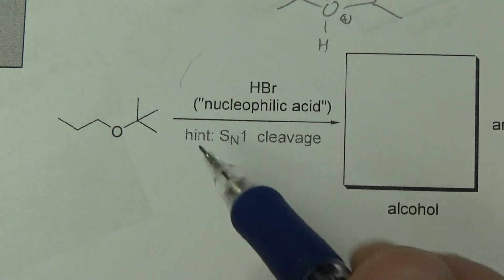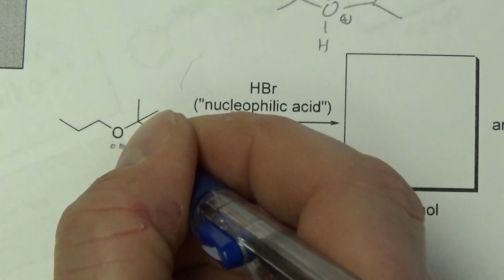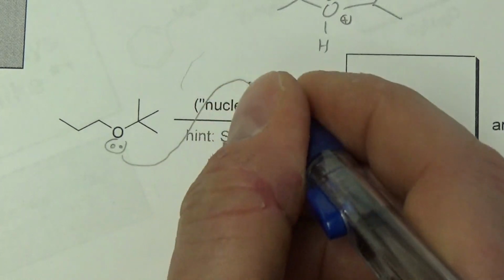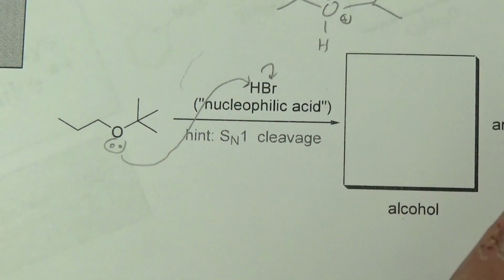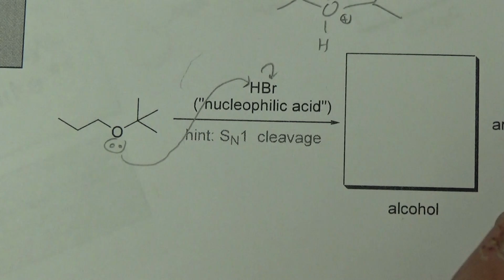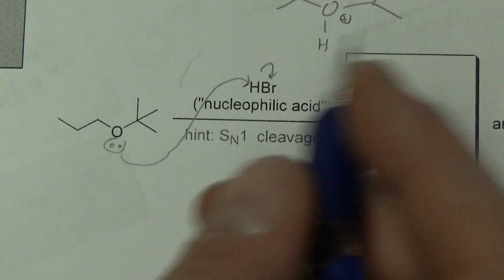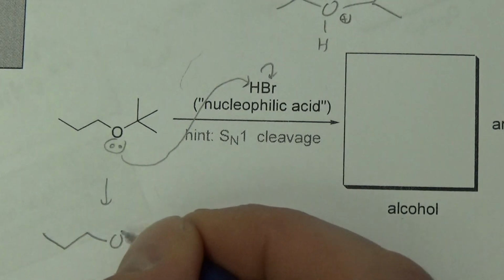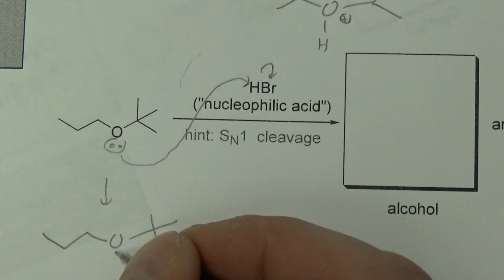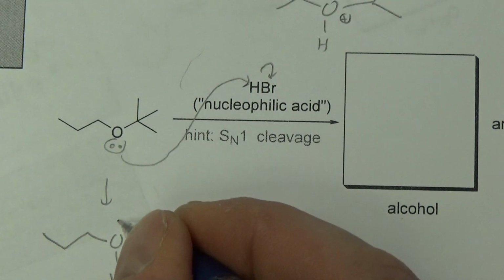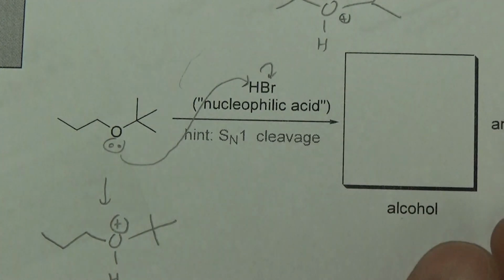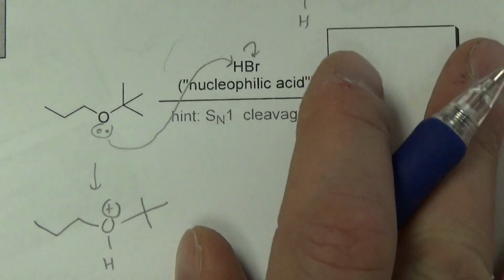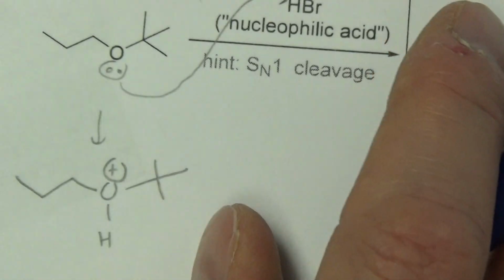So how does the SN1 cleavage work? Start with the oxygen, grab the proton, do the same exact thing. Protonate the oxygen. Alright, so we protonated the oxygen. So what happens in an SN1 reaction?